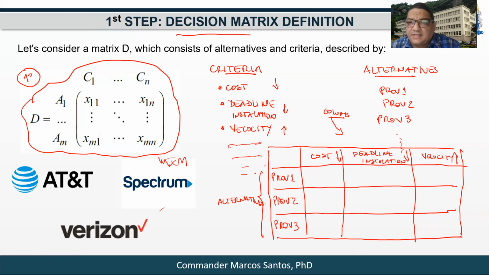And I need to fill out this decision matrix. So, for instance, we have 90 units of cost, 120, it can be dollars or any unit, 120 and 70 units.